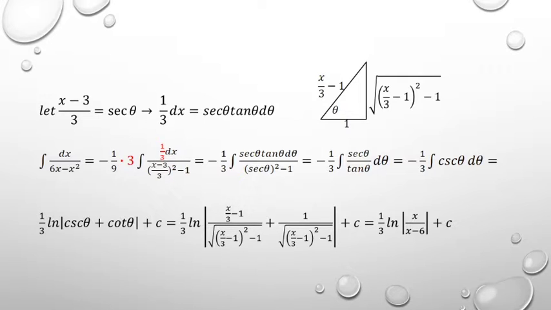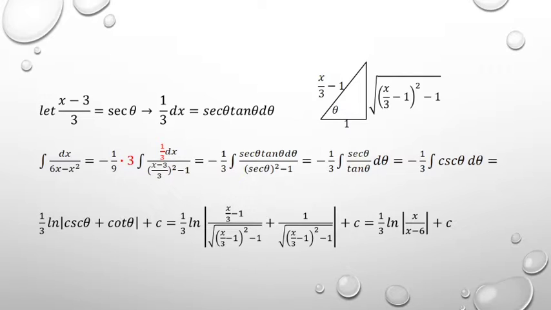Therefore this entire problem becomes negative 1/3 times integral of secant theta divided by tangent theta d theta, and secant theta divided by tangent theta d theta becomes cosecant theta d theta, and we know that the integral of cosecant theta d theta equals negative ln of cosecant theta plus cotangent theta. Therefore, this problem becomes 1/3 times ln of absolute value of cosecant theta plus cotangent theta plus c.